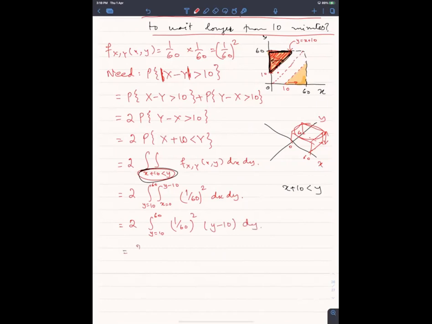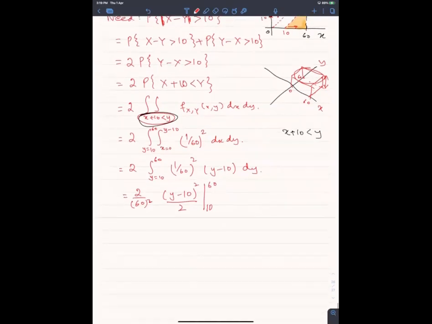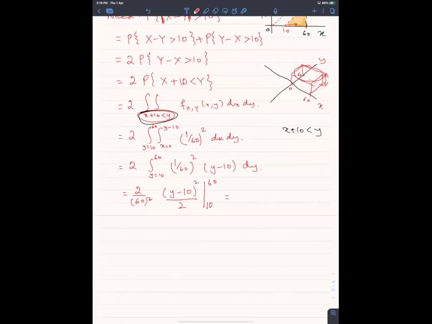So this would be equal to 2 over 60 square, and this would be y minus 10 square over 2, integrated from 10 to 60. So ये 2 is 2 के साथ cancel हो जाएगा. So this would be 1 over 60 square into 50 square. So it would be equal to 25 over 36.